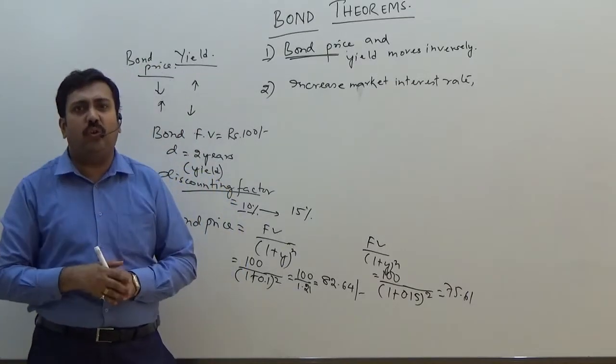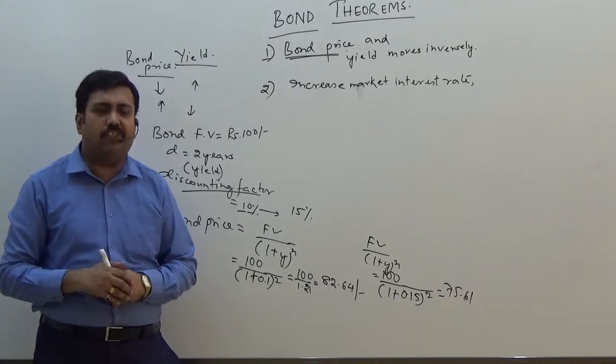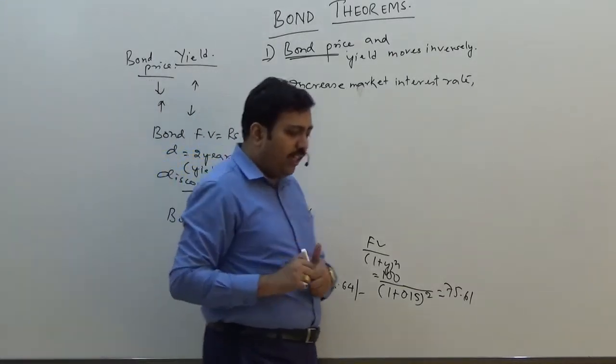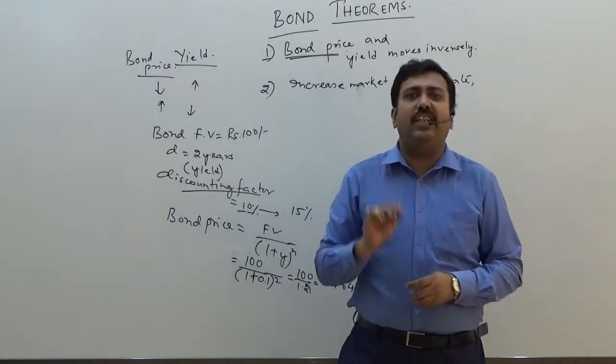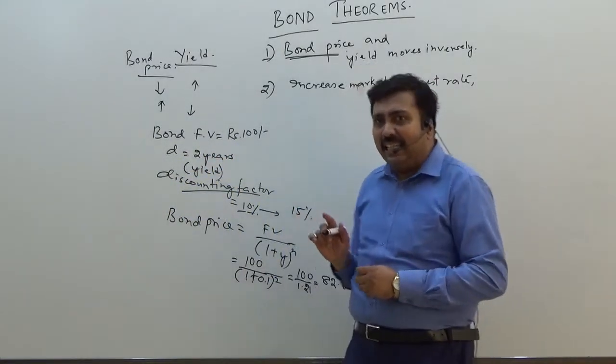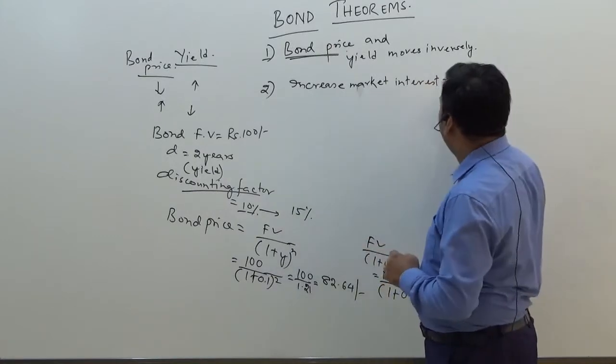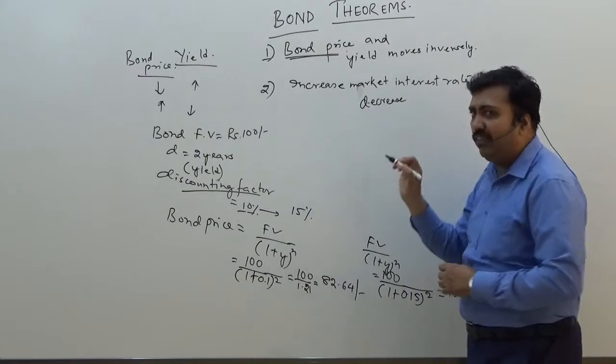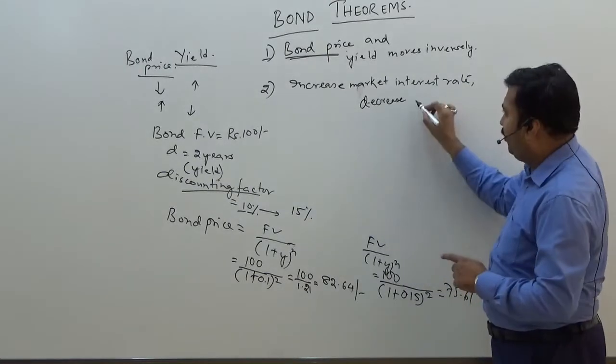And how is that going to impact the bond price? It has to decrease. Now the question that comes is, how much should it decrease? The decrease in the bond price should not be restricted.